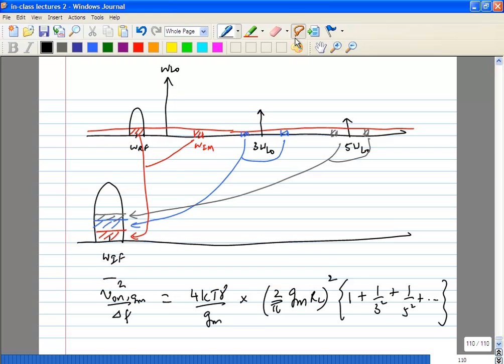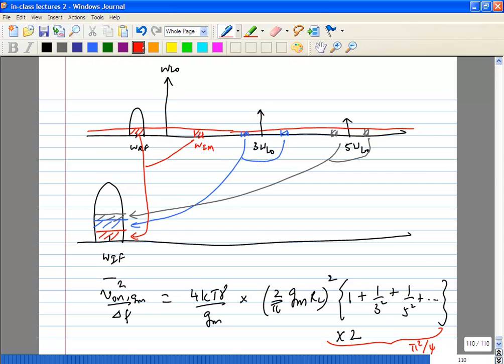So what is this? It so happens that this guy happens to be pi square over 4.